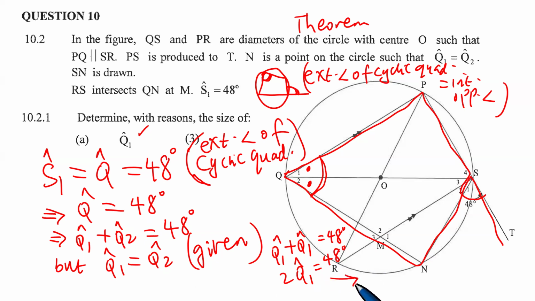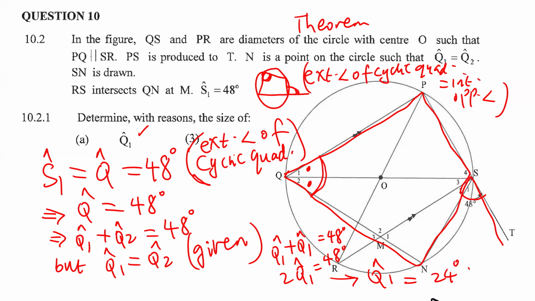We divide both left and right by 2 so that the angle Q1 is equal to 24 degrees. We found that the angle Q1 equals 24 degrees.